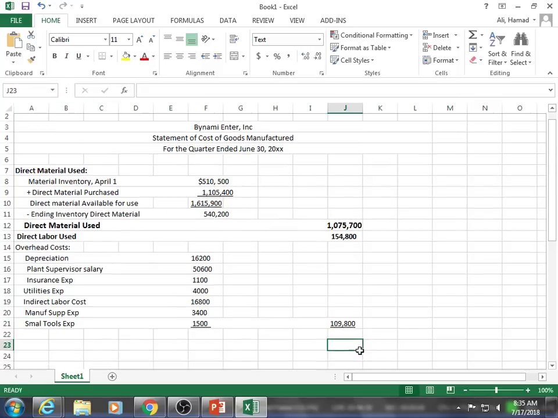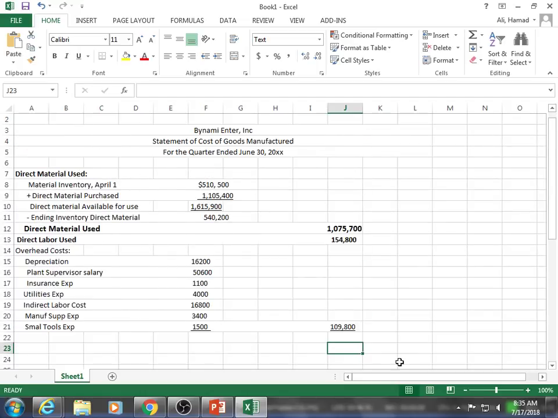All right, so the three of those now are called total manufacturing costs. Add those three now. Total manufacturing costs. Those three numbers.